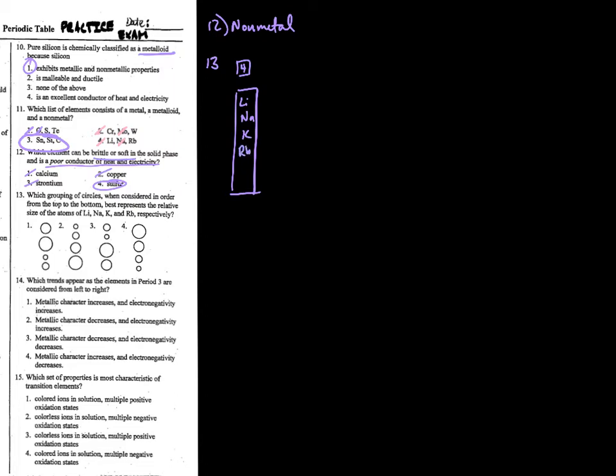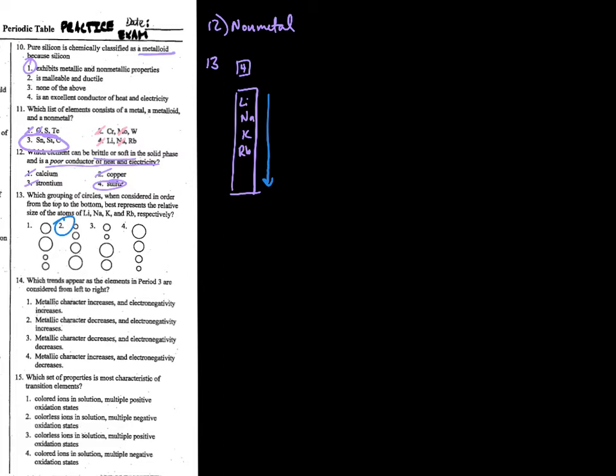So if you notice going down the group, their size is going to increase because they increase in electron shells. So the further down you go, the more electron shells you add, the bigger it gets. So since they're already in order going from top to bottom, we're looking for a small one to start off with, going bigger as we go down. So it's choice 2.